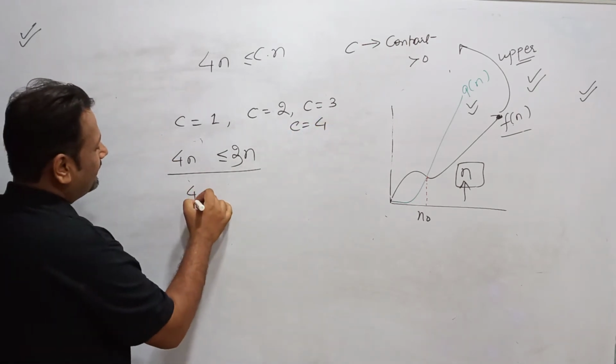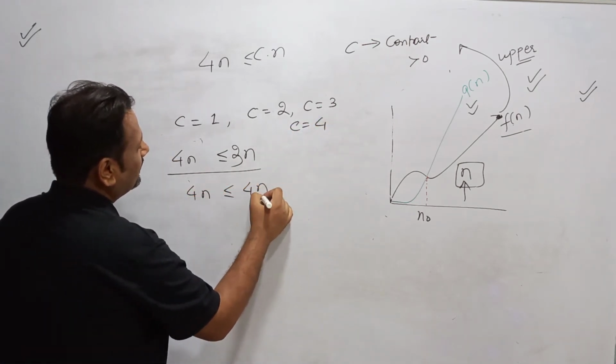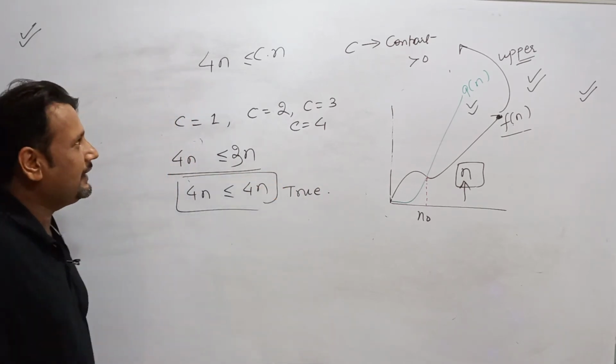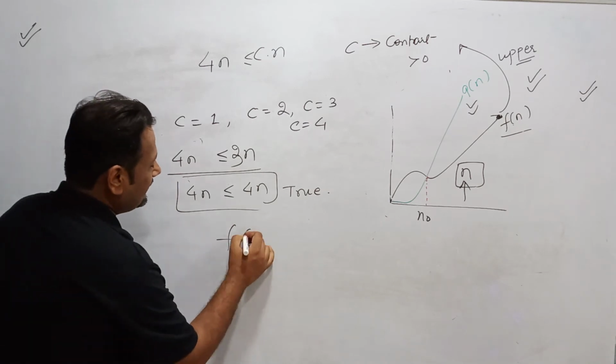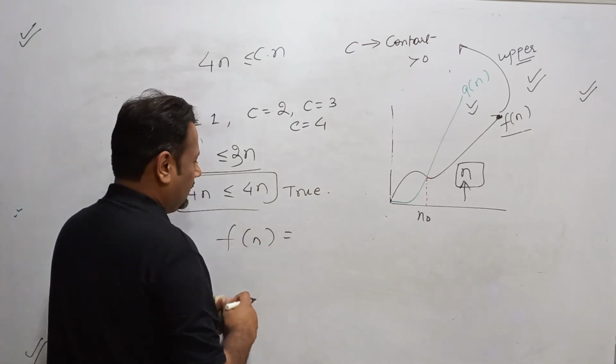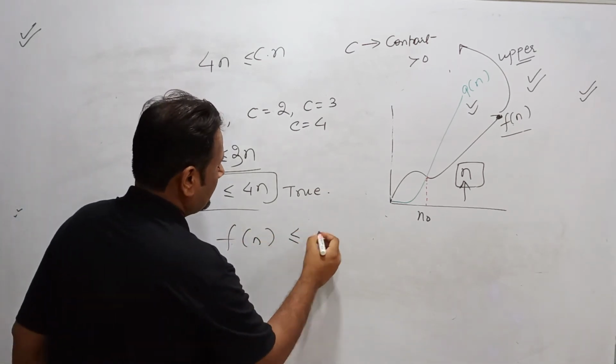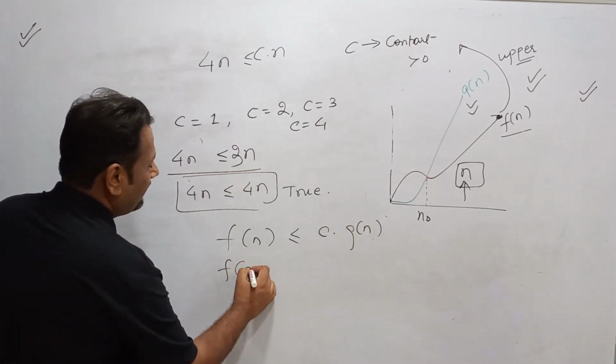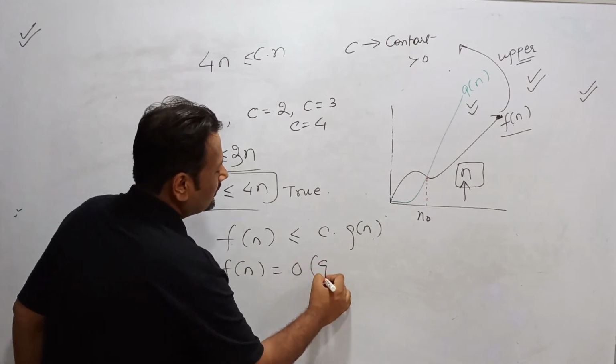Now you can see 4n is less than or equal to 4n, and this is true. That means if we can prove that f(n) is less than or equal to c into g(n), then we can write f(n) is equal to big O of g(n).